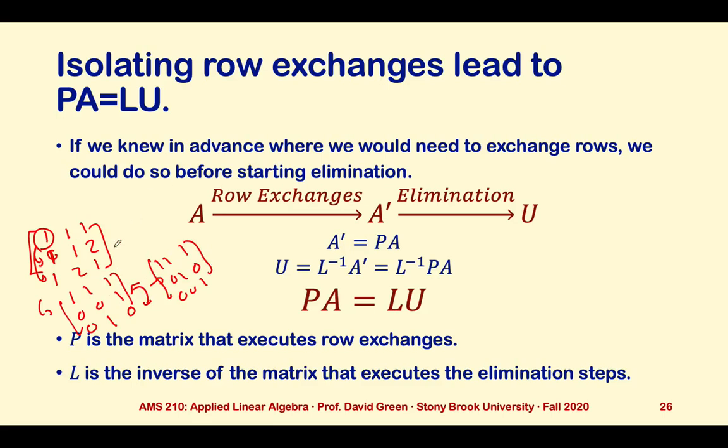What if we swapped these two rows first? We look ahead and we say, I needed to swap these two. So as a first step, I write 1, 1, 1, 1, 2, 1, 1, 1, 2. Swap first, then do elimination, the same procedure, 1, 1, 1, 0, 1, 0, 0, 0, 1.